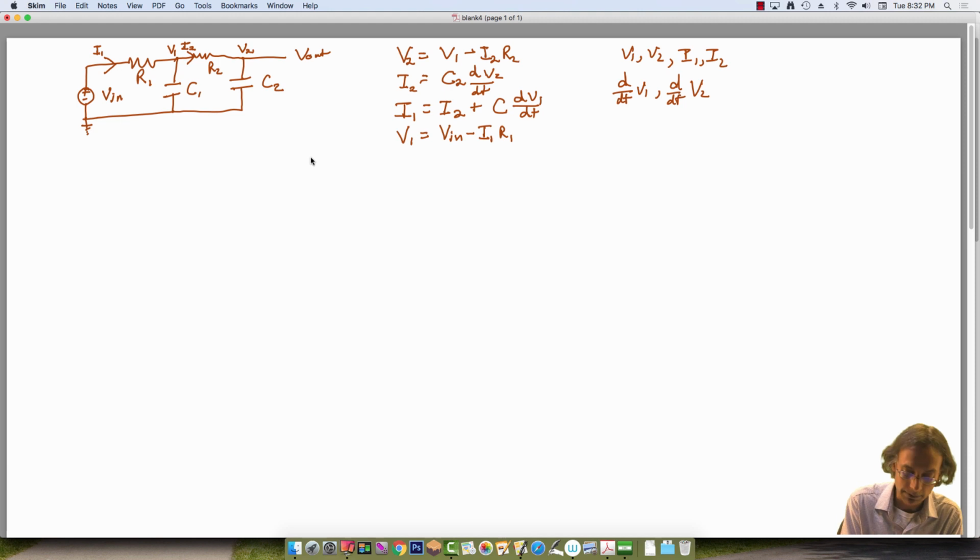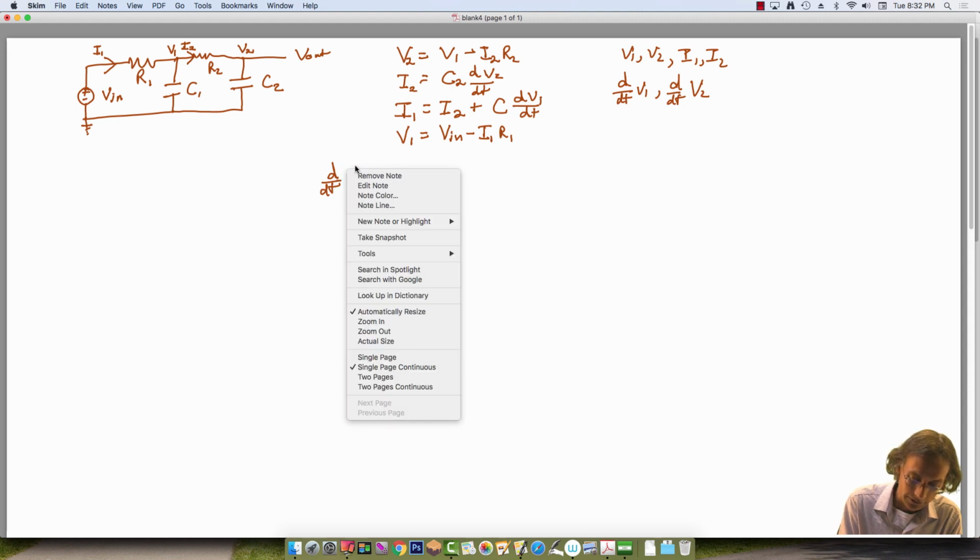This is classic 16A type material to be able to go through and grind this out. So we can basically collect terms and write out what we know about d by dt of V1.